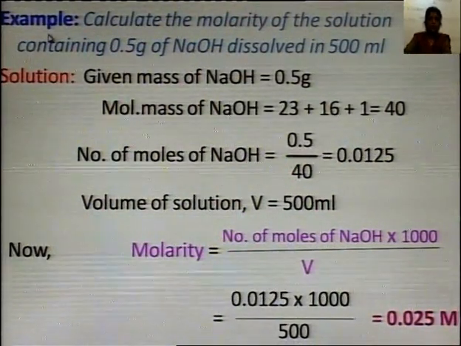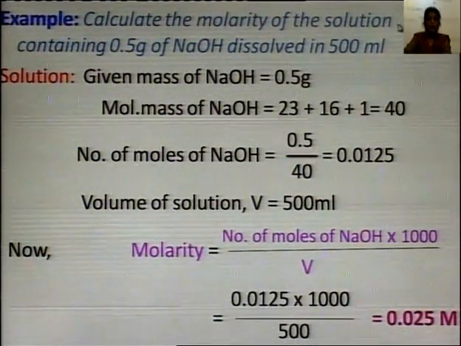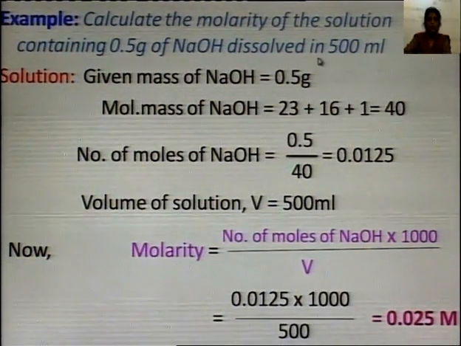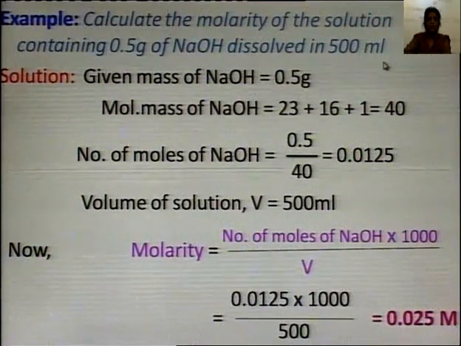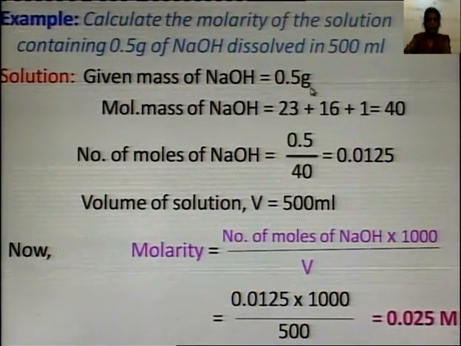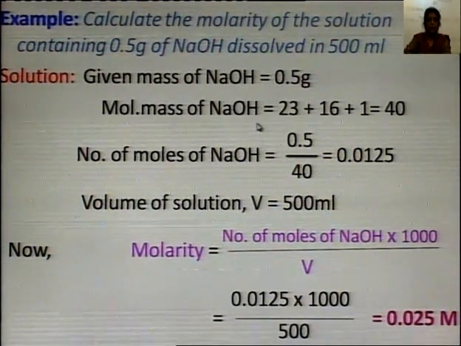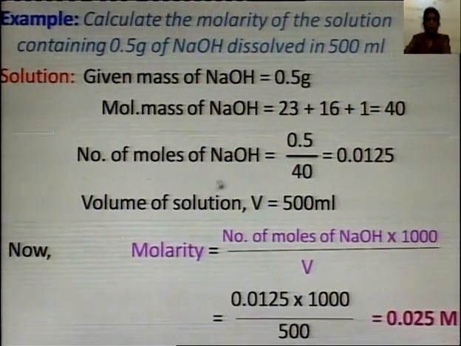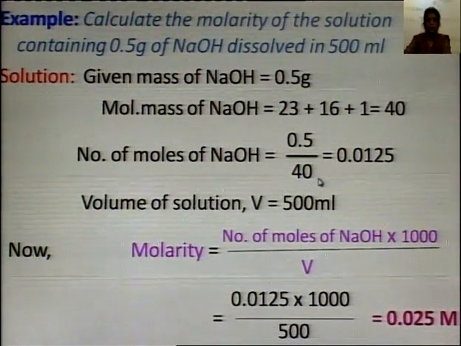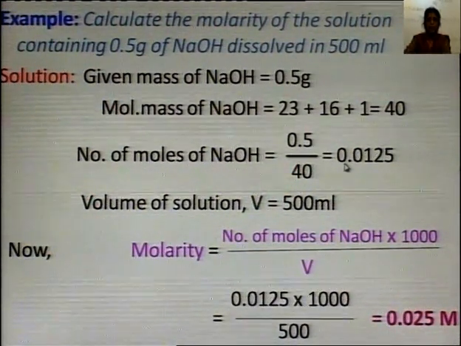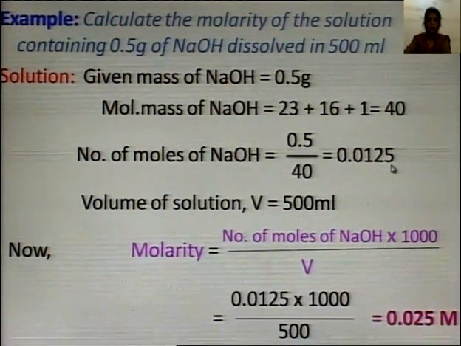So, we can have a numerical: calculate the molarity of solution containing 0.5 gram of sodium hydroxide dissolved in 500 ml. So, given mass of sodium hydroxide is 0.5 gram, molecular mass of sodium hydroxide is calculated as 40, number of moles of sodium hydroxide is given mass divided by molecular mass, 0.5 divided by 40, this comes out to be 0.0125.